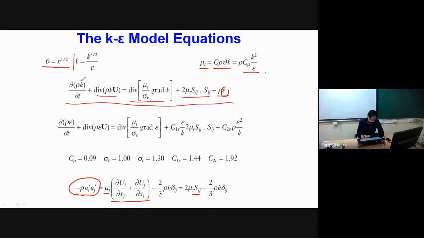Now the question is how to find the value of epsilon. For epsilon, we solve a separate transport equation, which is similar to that of turbulent kinetic energy, with temporal, convective and diffusive terms, along with one term for production and one term for destruction.